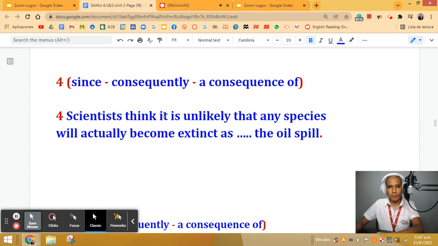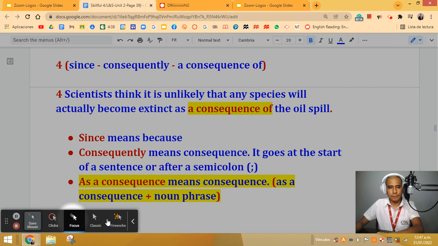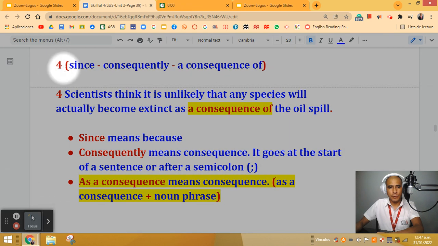Let's analyze number 4. So here says, scientists think it is unlikely that any species will actually become extinct as a consequence of the oil spill. In this case, the correct answer is the third one.